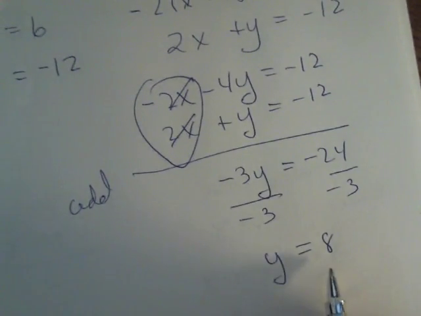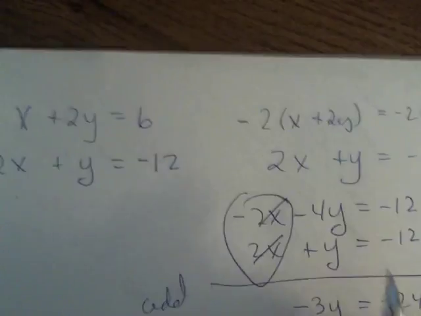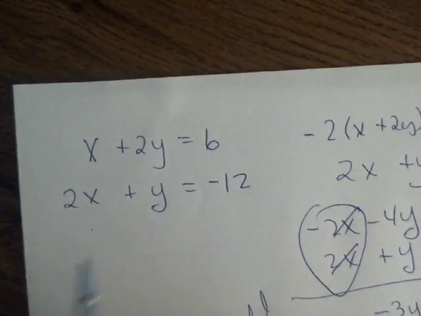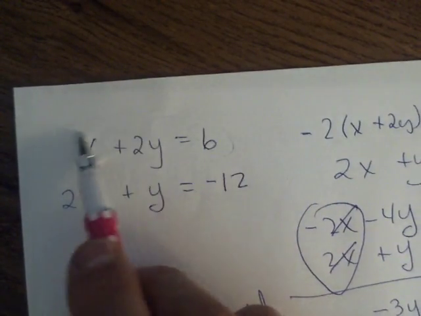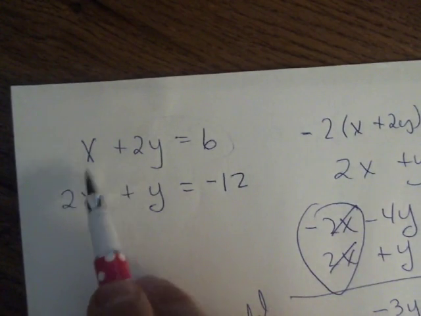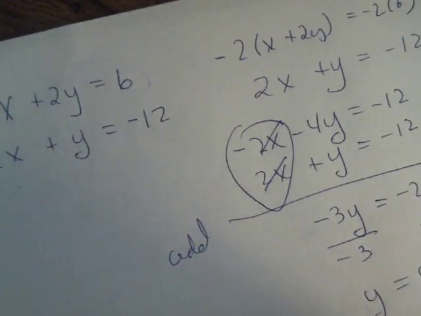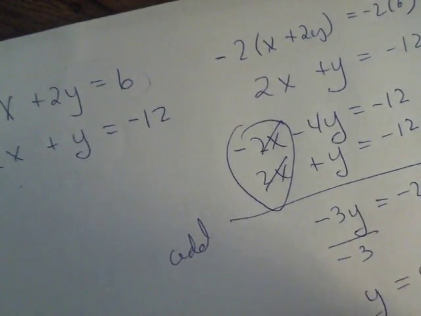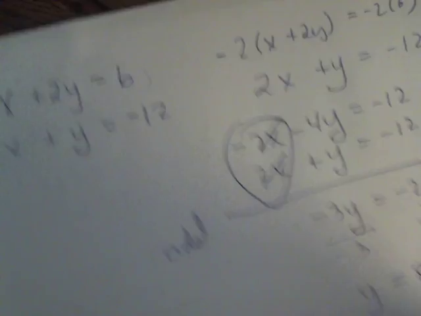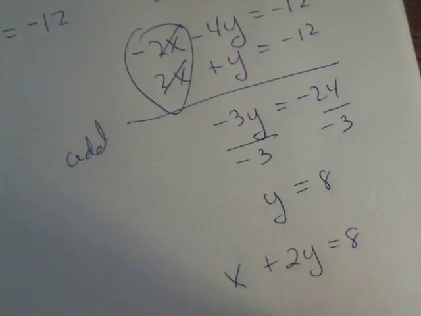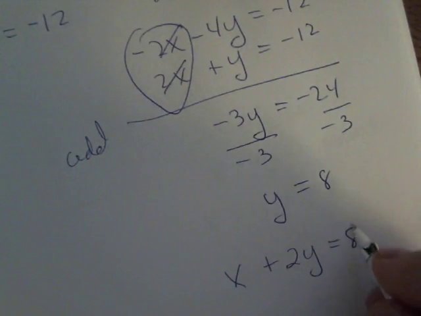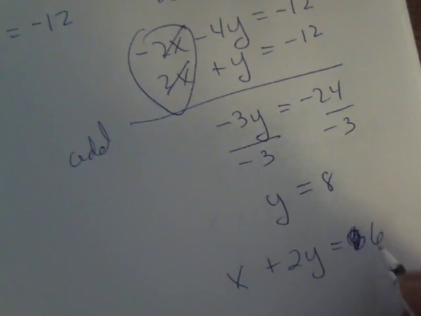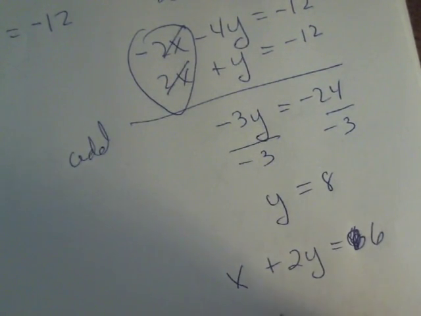So y is 8. Now I go back to any of the equations I've created, but I'm going to find x. This is the easiest one to find x because x is already by itself. So I take the x plus 2y is 6, put in 8 for my y.